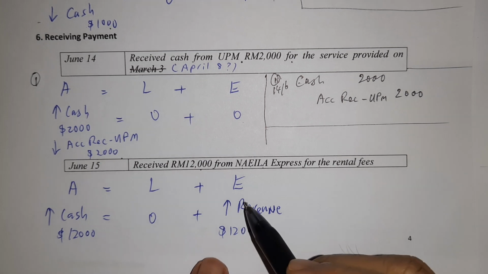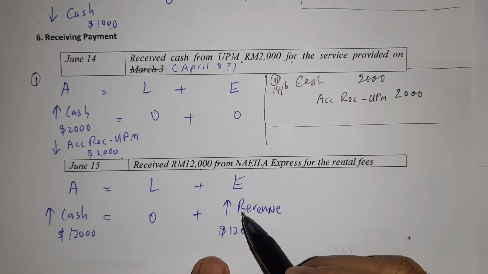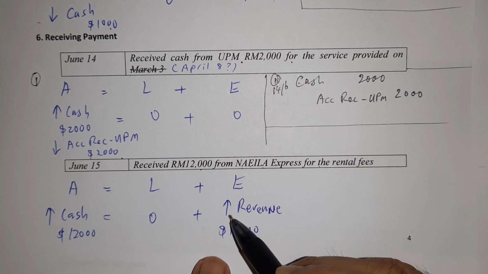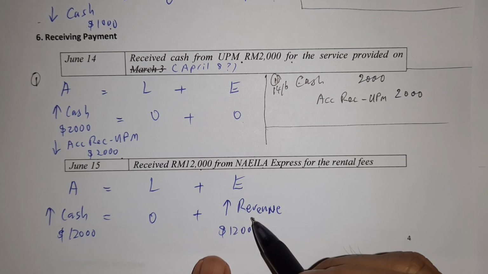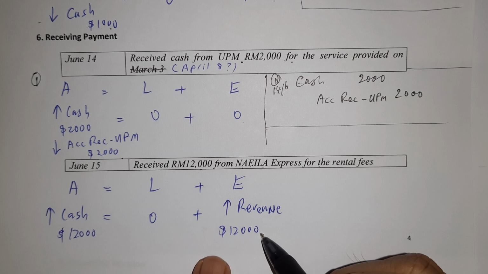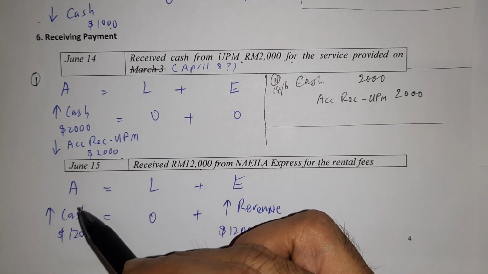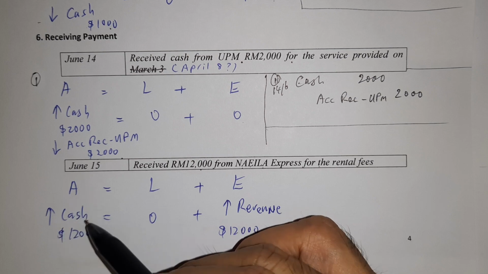So when revenue increases, the equity increases. The name of the account is revenue. The amount is 12,000. At the same time, the business receives cash. So there is an increase in asset cash 12,000.